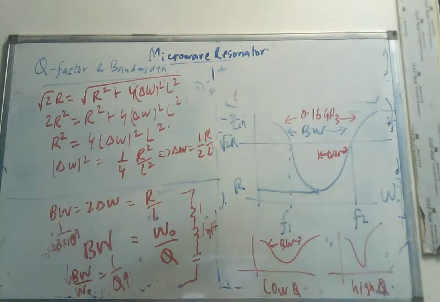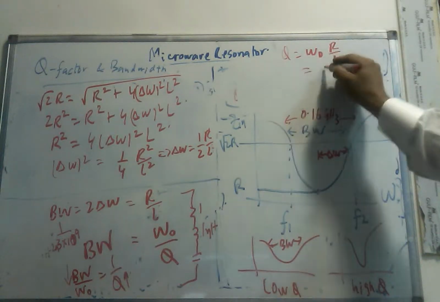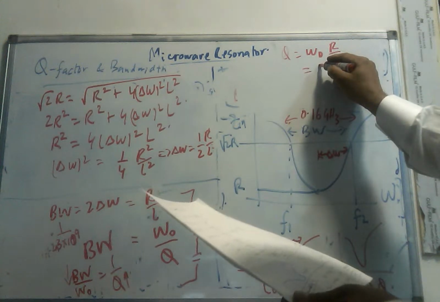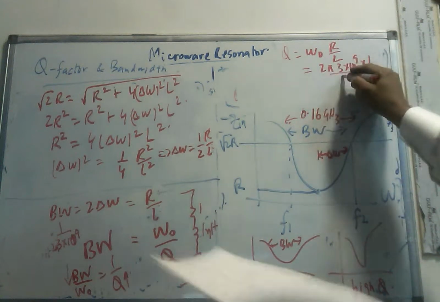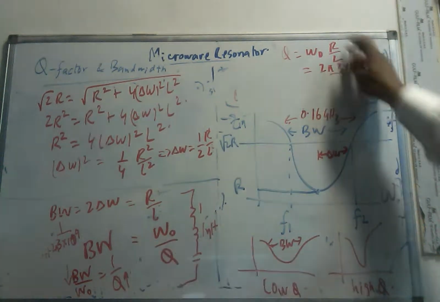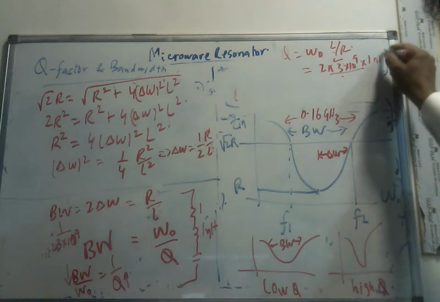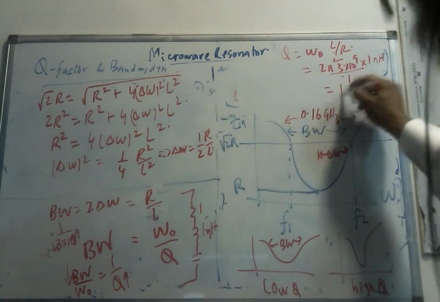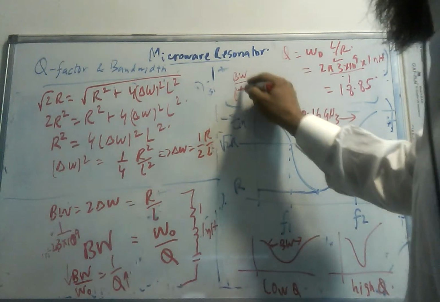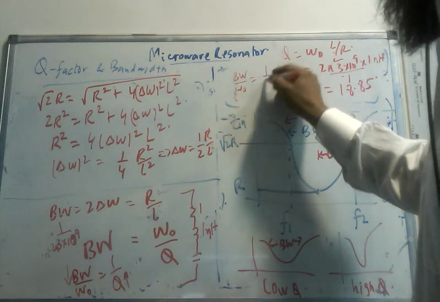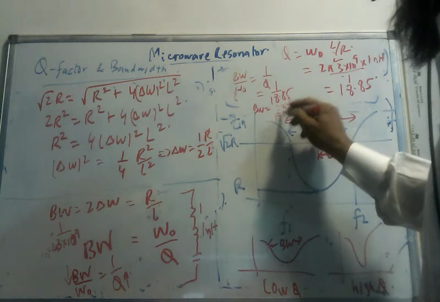So from that question, the Q is equal to omega naught L over R, and that is equal to 2 pi times 3 multiplied by 10 to the power 9 multiplied by 1 nanohenry divided by R. So this comes out to be 18.85. And bandwidth over omega naught is equal to 1 over Q, which is 1 divided by 18.85.